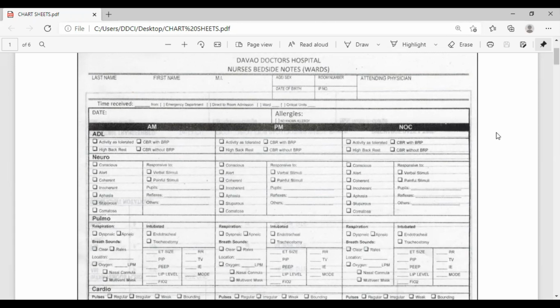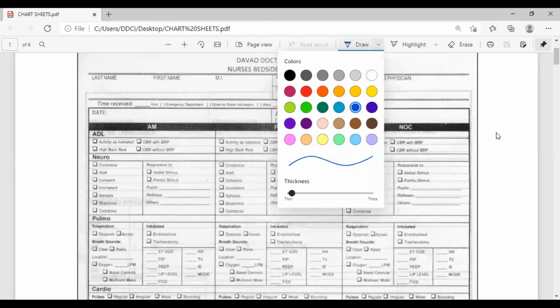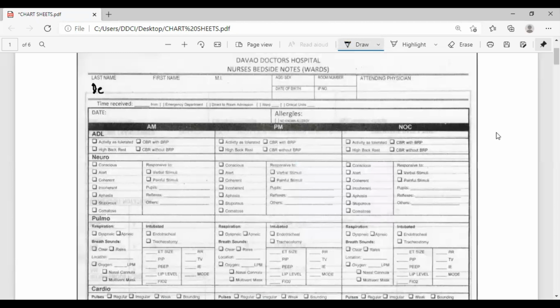Okay. So let's start. So for the last name, let's write a patient. Okay. So let's put here De La Cruz. It's very important that you fill in the headers in every page that you make. You have to write in the headers. Okay.